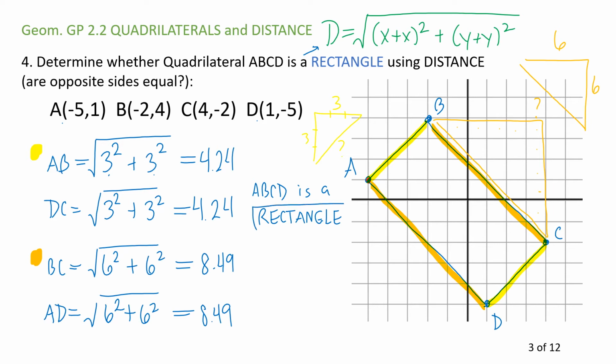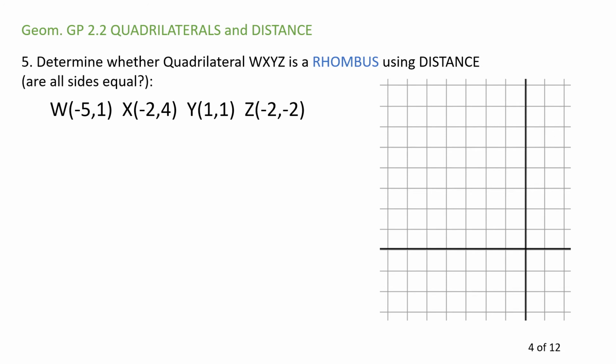Actually, I've only proven that it's a parallelogram at this point, because I have two pairs of congruent, equal sides. I would need to do a little bit more to prove that it's a rectangle. That'll come up later.